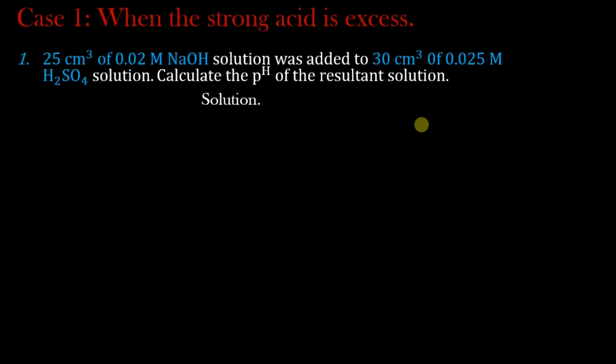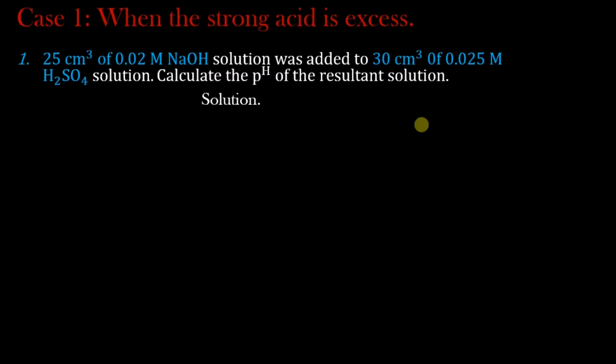So in our solutions, we are going to work out the number of moles of sodium hydroxide available for the reaction, as well the number of moles of sulfuric acid available for the reaction before we can do any other thing. And for us to do that, we are going to use the first principle approach, that is 1000 cubic centimeters of sodium hydroxide solution contains 0.02 moles.